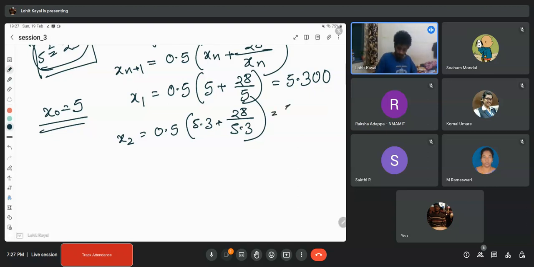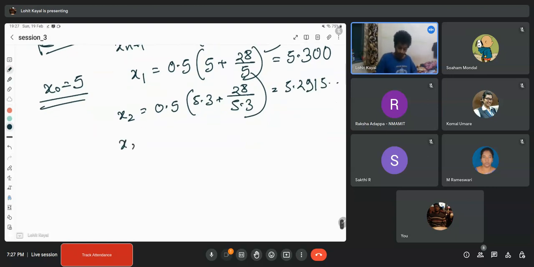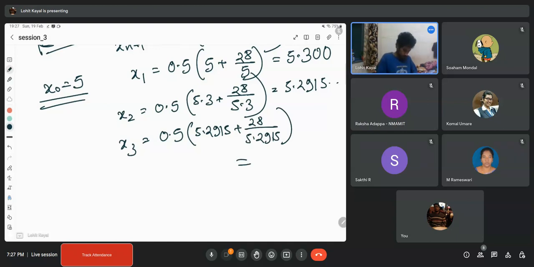So it is 5.2915. Again x3 is 0.5 into 5.2915 plus 28 by 5.2915.